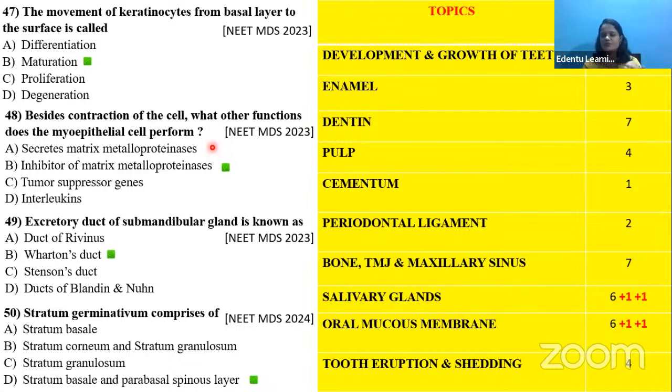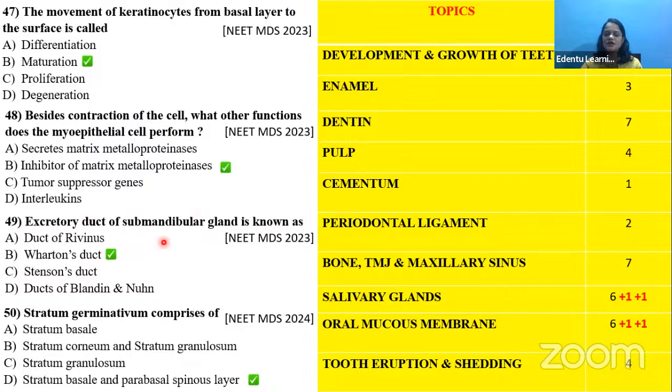It will contract and squeeze. The main function in saliva secretion is that it squeezes the acini so that more saliva is secreted into the duct. Other than that, the myoepithelial cell is also an inhibitor of the matrix metalloproteinase enzyme. So we can put this question under the salivary gland topic.